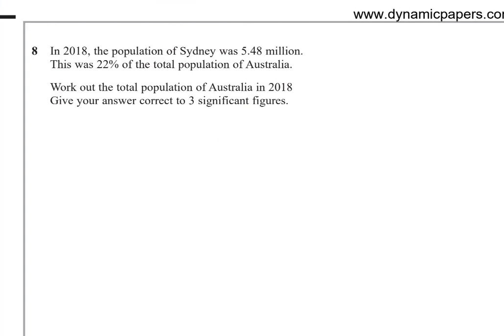Number 8. In 2018, the population of Sydney was 5.48 million. This was 22% of the total population of Australia. Work out the total population of Australia in 2018. Give your answer correct to 3 significant figures. Now you can use the cross multiply method to solve. 22% represents 5.48 million.